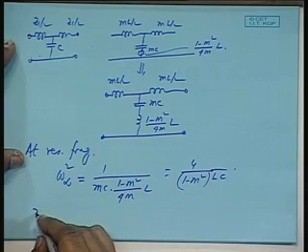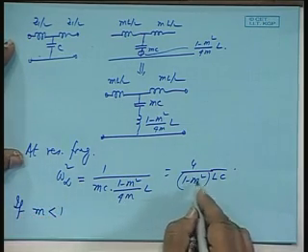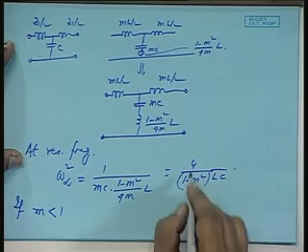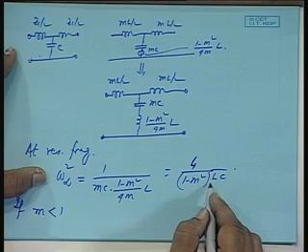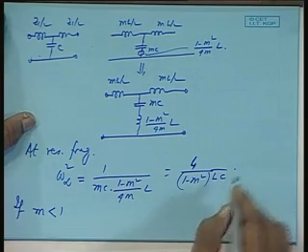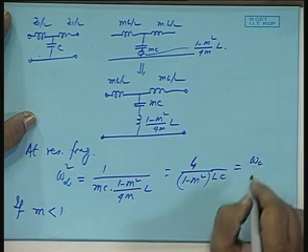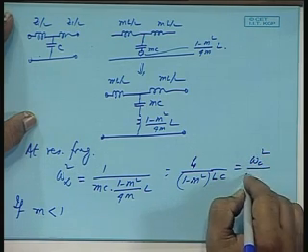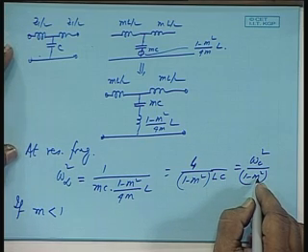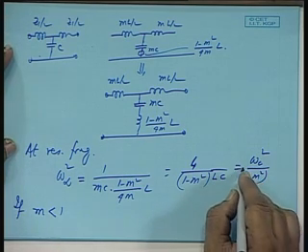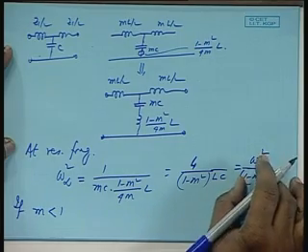If m is less than 1, then this is positive. So, omega infinity will be a frequency above omega c. See, 4 by LC is nothing but omega c squared. Since m is a fraction, this will be 1 minus something, positive but less than 1.